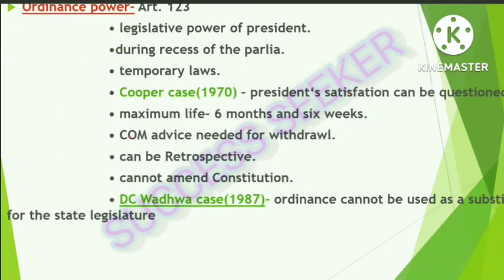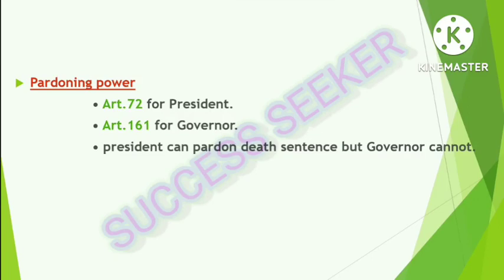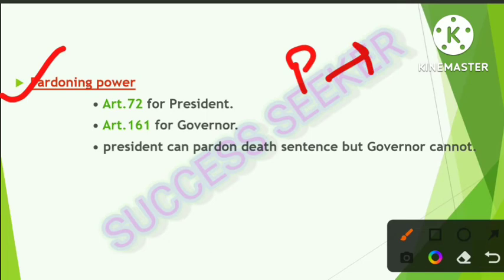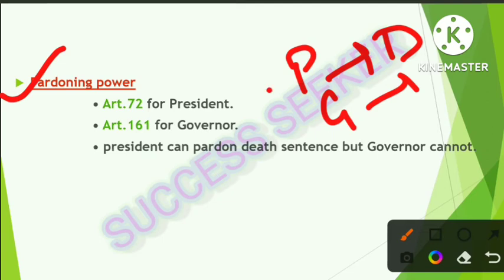Next is the pardoning power. What is the pardoning power? It is the power where the President can decrease sentences or totally pardon, even a death sentence. The President can pardon the death sentence; the governor cannot. The governor also has pardoning power, but for a death sentence, only the President can do it.